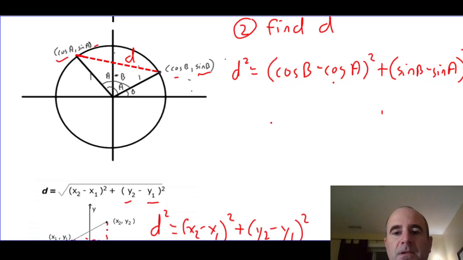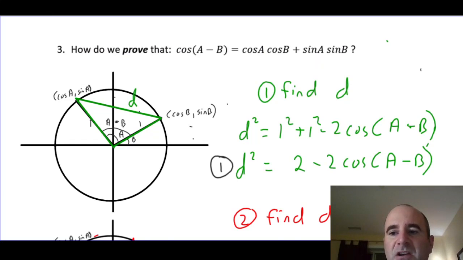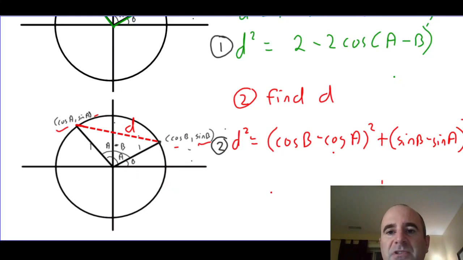And the next step is to realize that I have calculated D squared two different ways. One using this formula down here, and I get this expression right here, and another using the cosine law, and I get this expression right here. I'm going to call this equation 1, and I'll call the second one equation 2. If D squared equals this and D squared equals this, then it must be that these two things are equal to each other.